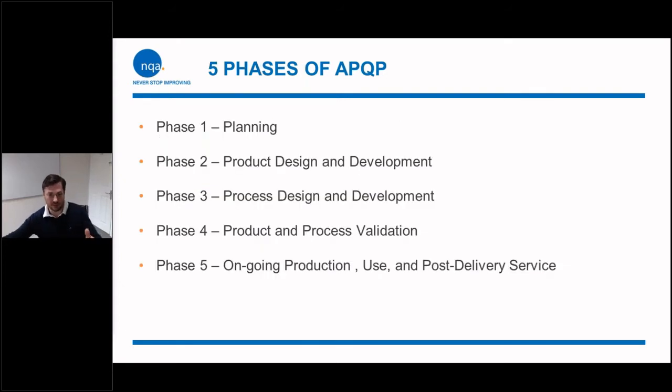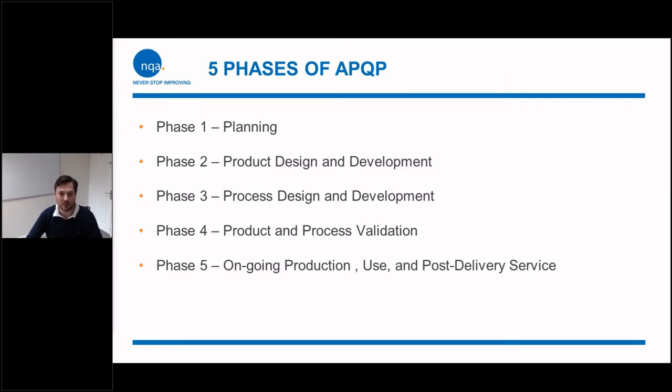So here are the 5 phases again. So phase 1, planning. Phase 2, product design and development. Phase 3 is process design and development. Obviously, there's a difference there. Product is the physical product, and then the process is anything that needs to be done to make that.